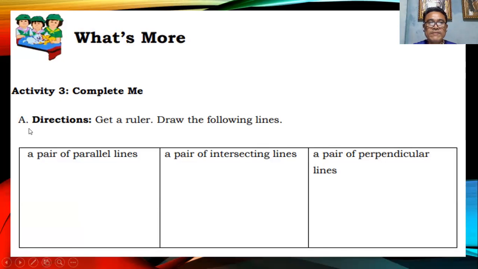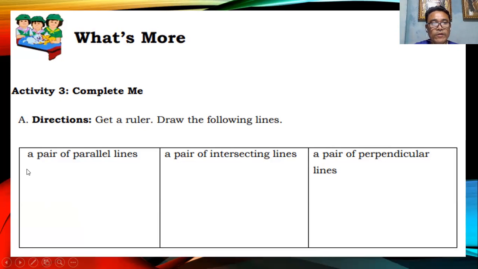Let's do activity 3. Complete me. Directions. Get a roller. Draw the following lines. I will give you enough time to draw.